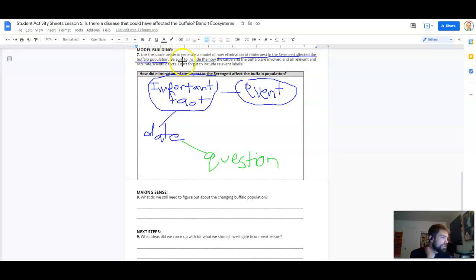Be sure to include how the cattle and the buffalo are involved and all the relevant and accurate scientific facts that you can get from the article. You're going to be drawing this with pencil, so it'll be a lot neater than mine. Include the dates and any questions you have. Before you move on, I want to see this part, so make sure you come up and show it to me.